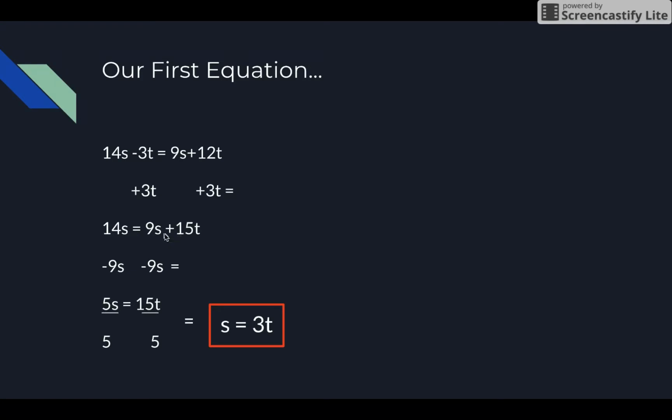Then I'm going to subtract 9s from each side of the equation, which leaves us with 5s equals 15t. Then we can divide by 5 on each side, leaving us with s equals 3t. That's as far as we can go with this until we start using our next equation, so that we can get a different variable to plug into it.